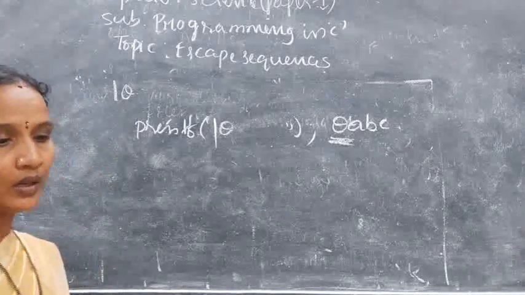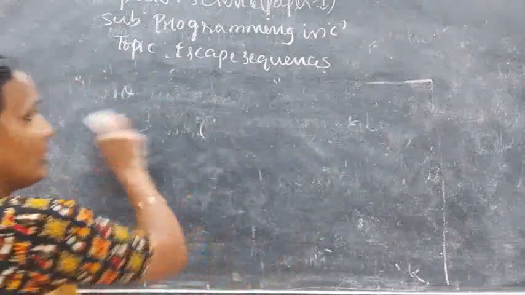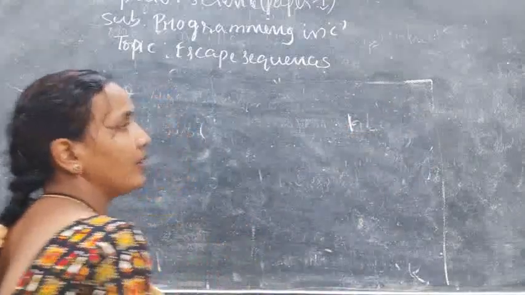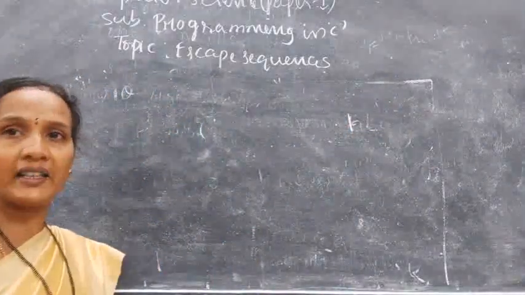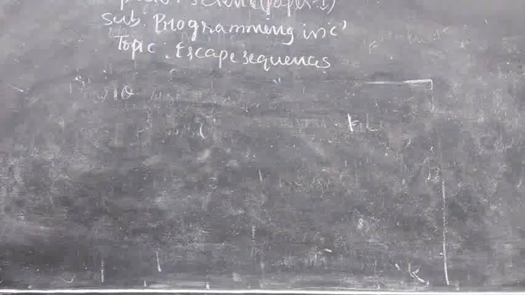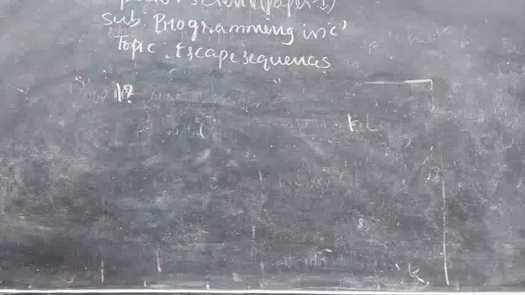The next one. Before the text, if you want to add a backslash, then we'll use a backslash escape sequence. Next, here we have one more escape sequence, backslash question mark.